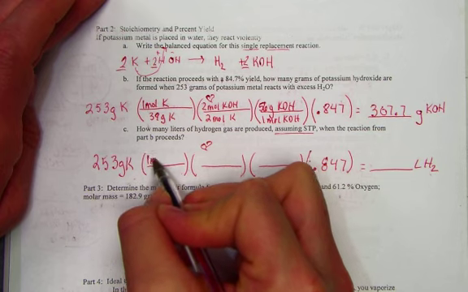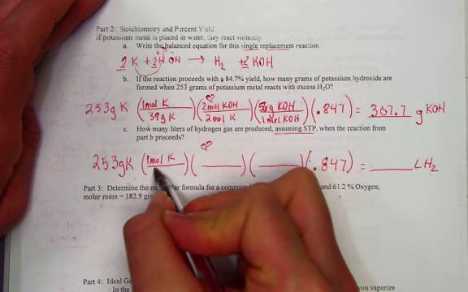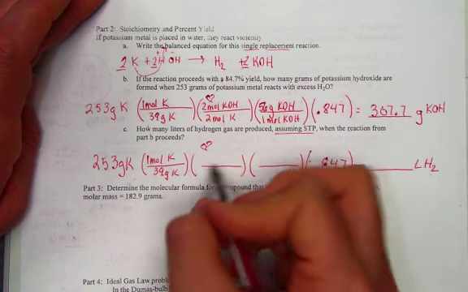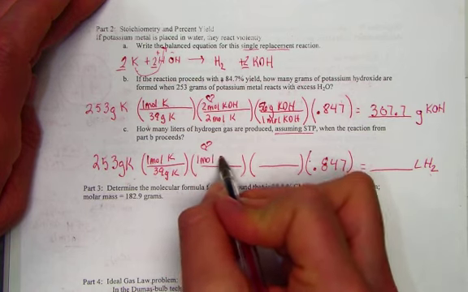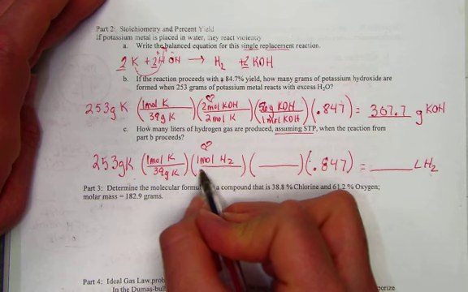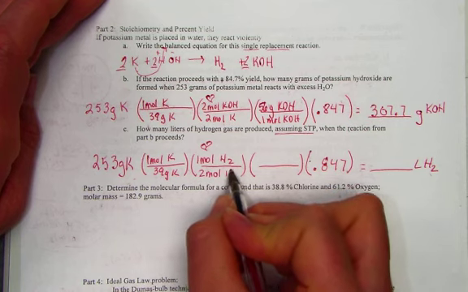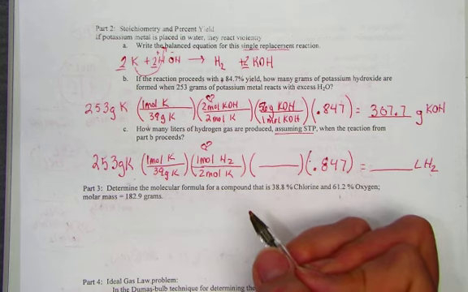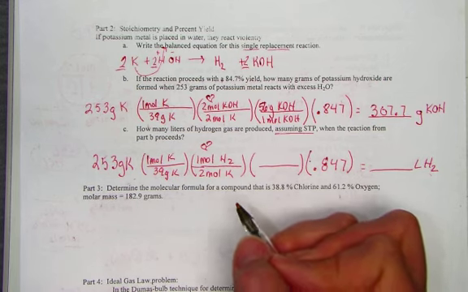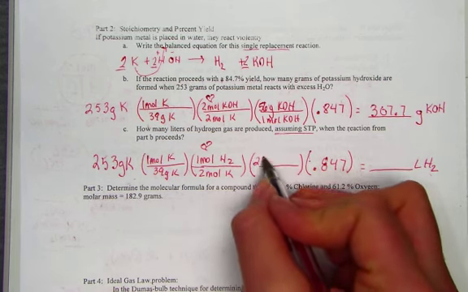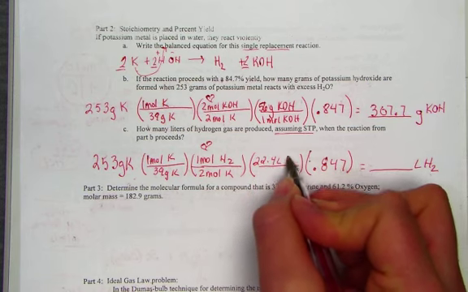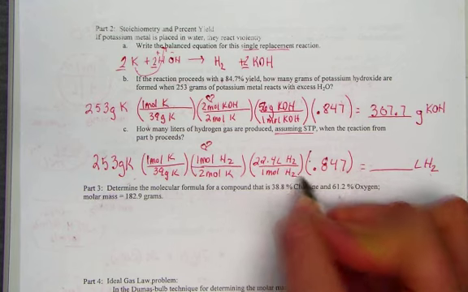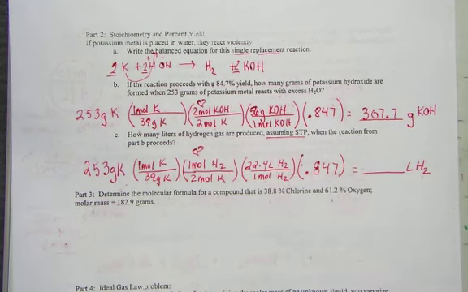253 grams of potassium, same first step. We'll just put that under its molar mass. The target of hydrogen has a coefficient of 1, set under the coefficient for the potassium, so we get a 1/2 stoichiometric ratio. And because we're at STP, we can put in directly that 22.4 liters of hydrogen for every 1 mole of hydrogen to find our volume.